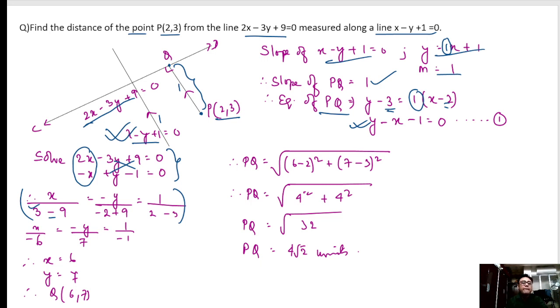Second, if I want to find y, I will write minus y and I will multiply 2 into minus 1 and minus 1 into 9. So minus 2 minus of minus 9, which is plus 9.